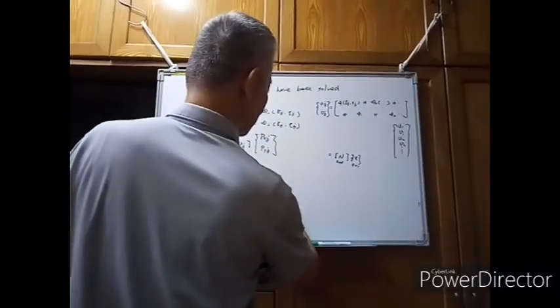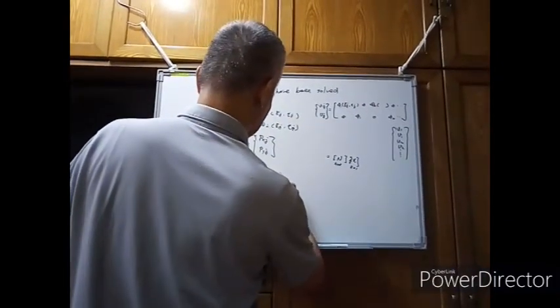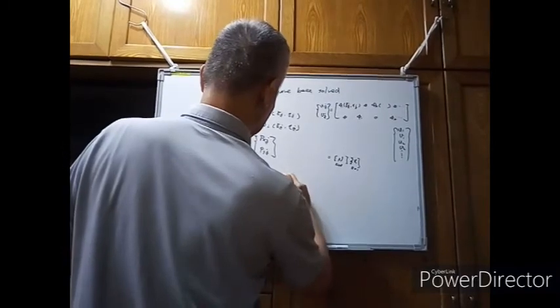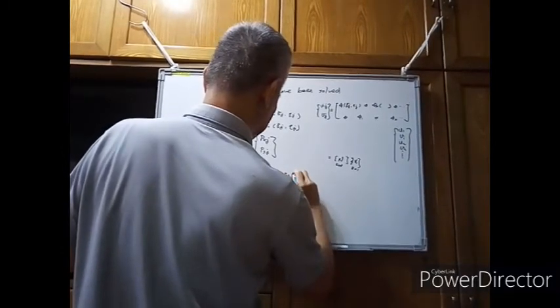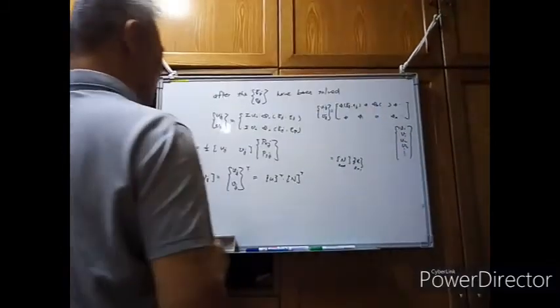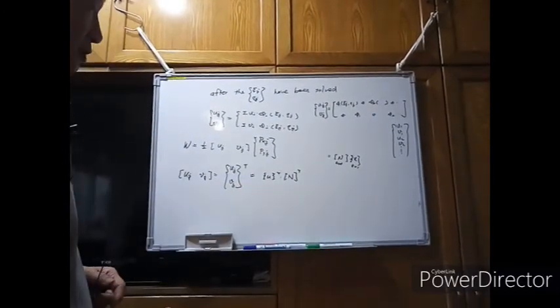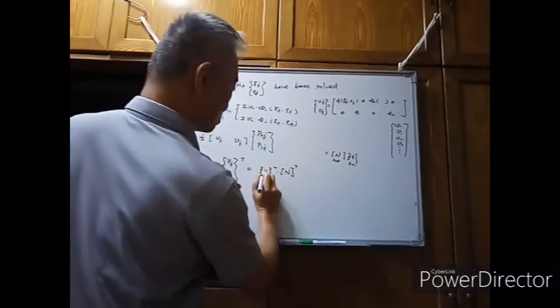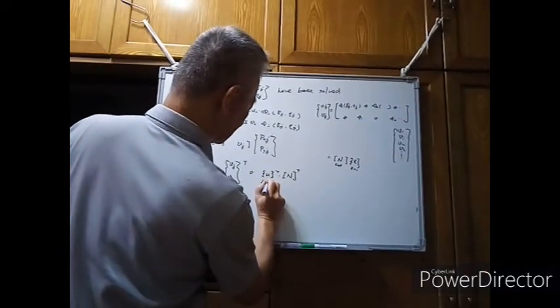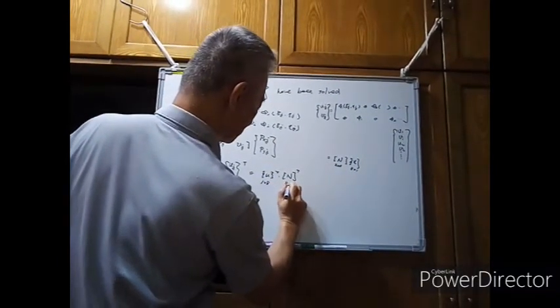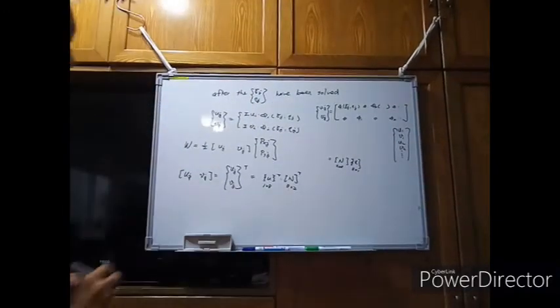So the uj and vj transpose will be u transpose times N transpose. This one will be 1 by 8, and this one is 8 by 2.